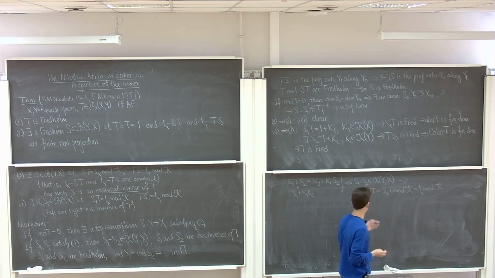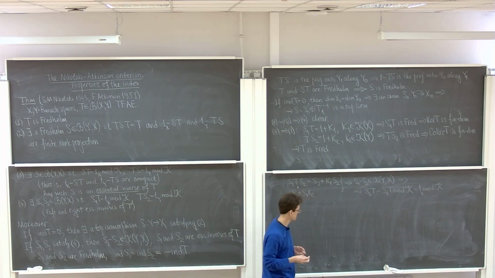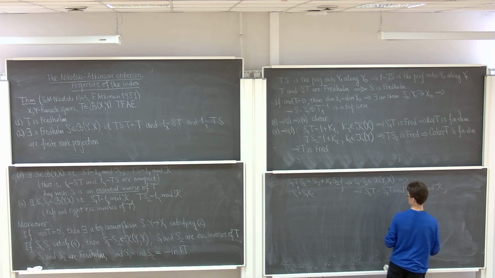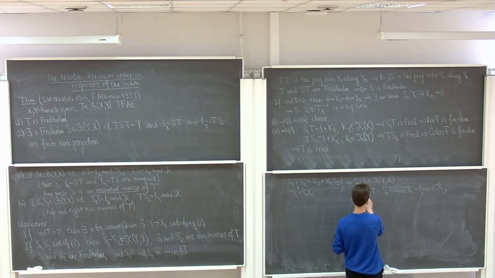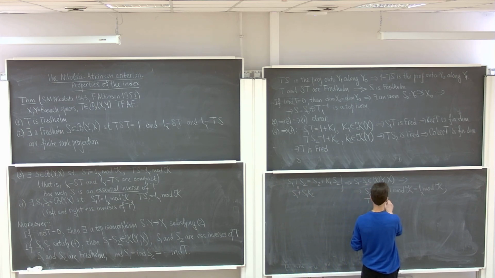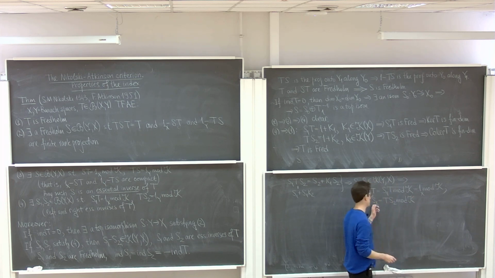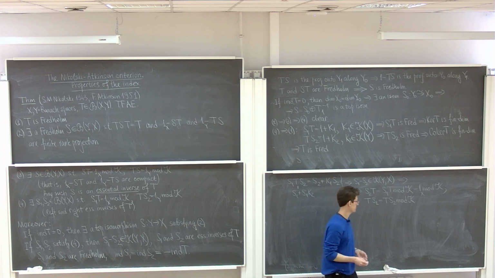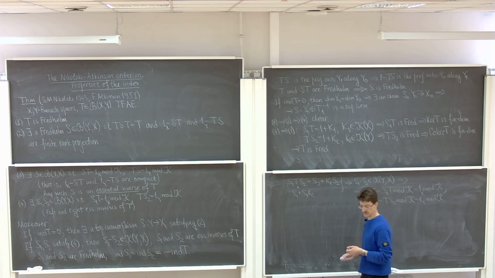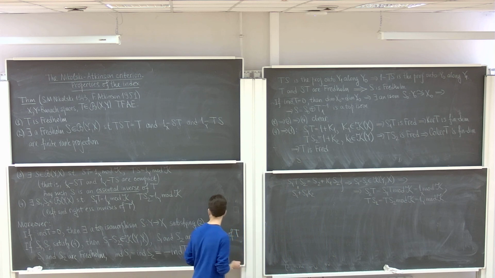And this shows that S2T is a two-sided essential inverse. And the same argument applied to S1 shows that S1 is a two-sided essential inverse. So TS1 equals TS2 modulo the compact operators, because S1 minus S2 is compact. And this is the identity map modulo the compact operators. So they are essential inverses of T.